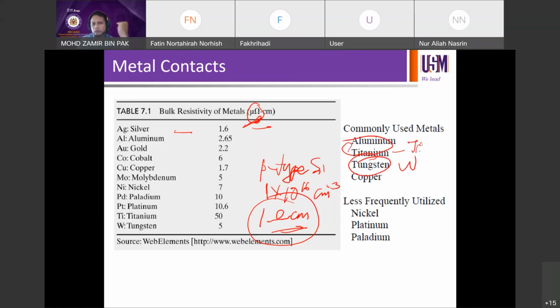Remember, TiSi2, in order to form ohmic contact between your source drain to the metal one. Titanium silicide, and then copper, aluminum are also common. Less frequently utilized, for example, nickel, platinum, palladium. Nickel, less common. Platinum, palladium, of course, because they are so expensive.